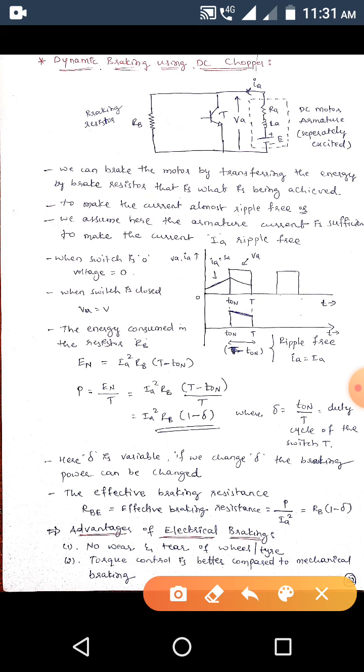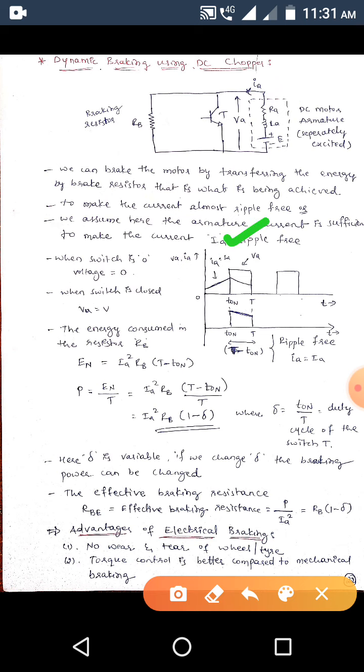So this I call as the small i. We are going to make sufficient current in the circuit, so the armature current small i is equal to the capital IA in the circuit. So this becomes the same, i is equal to IA.